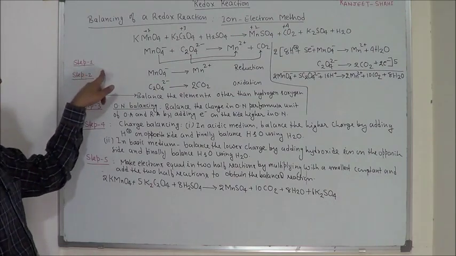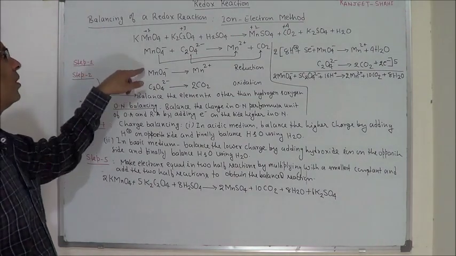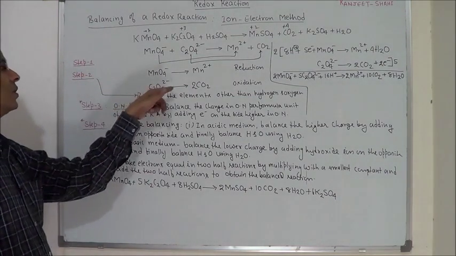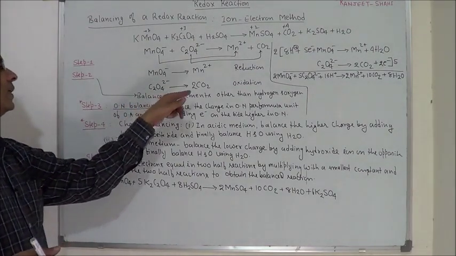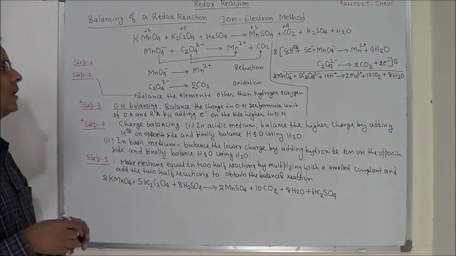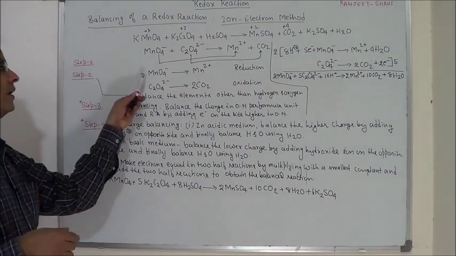Step 1, resolve the redox reaction into reduction and oxidation half reactions. Balance the elements other than hydrogen and oxygen. So we balanced manganese and carbon.